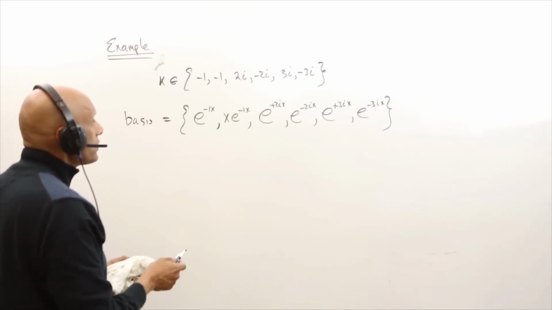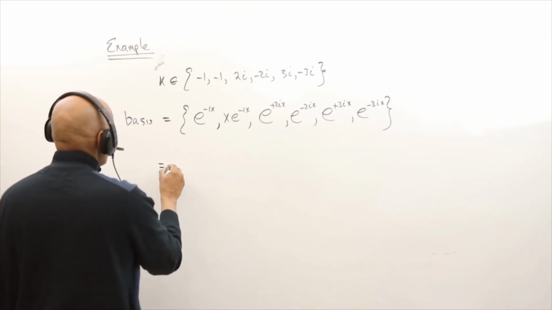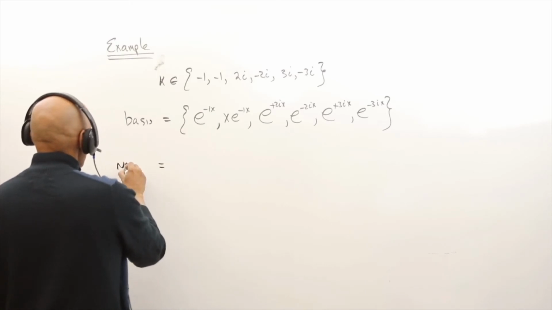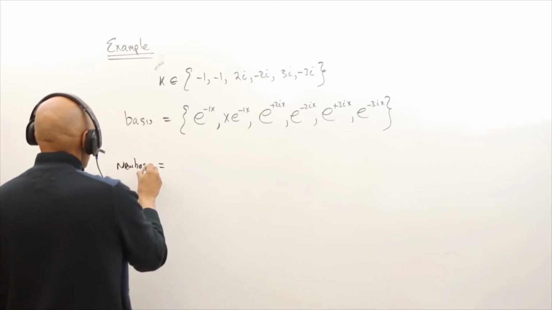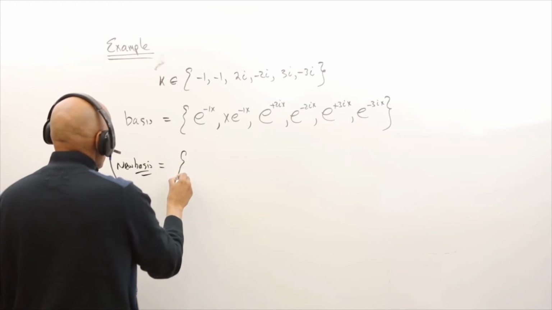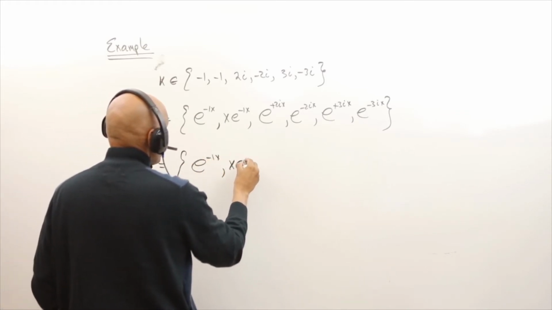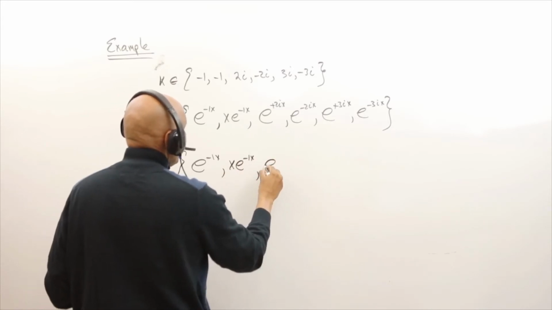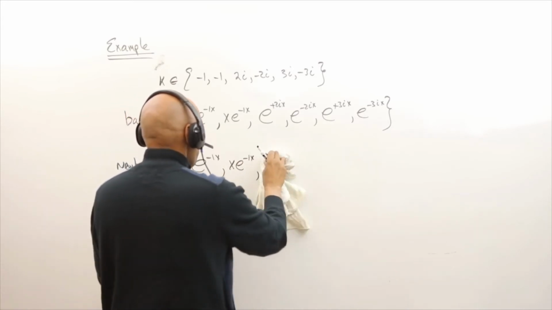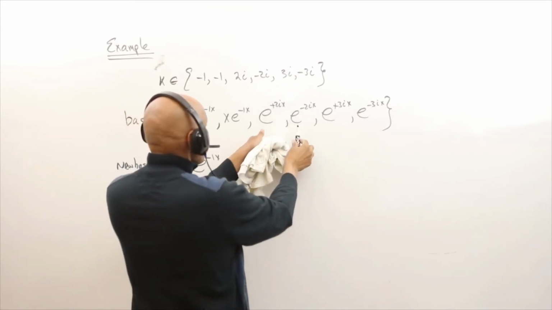So we want to switch to a different basis. Our new basis is going to be e to the minus x, x e to the minus x, and we're going to replace these conjugate pairs.